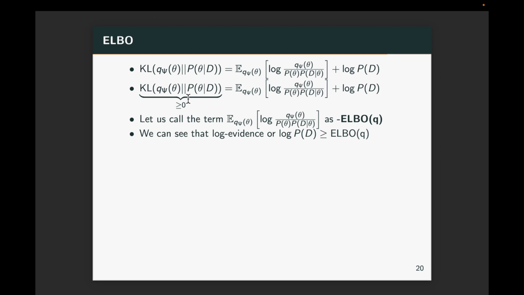So if this term is greater than or equal to 0, then 0 is less than or equal to minus ELBO plus log P of D. And if we move ELBO to the left side, ELBO is less than or equal to log P of D. Okay, so log P of D is greater than or equal to ELBO, which also means that the evidence, which is log P of D, is lower bounded by the ELBO. The evidence is at least as much as the ELBO.